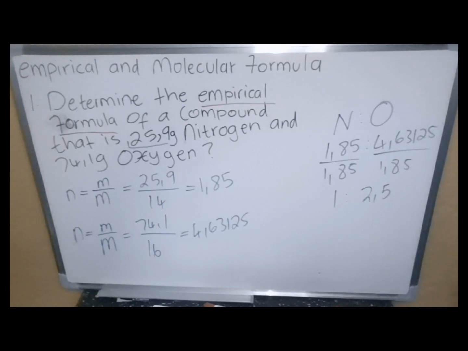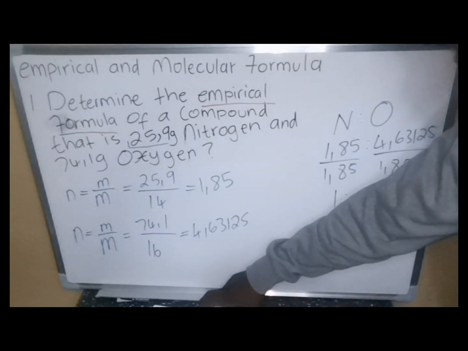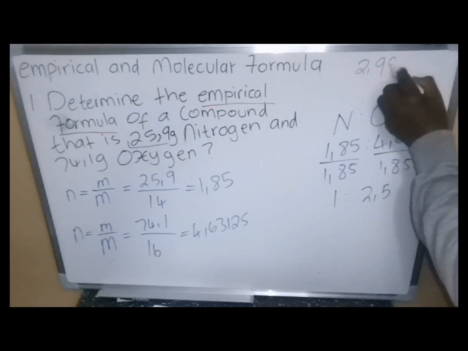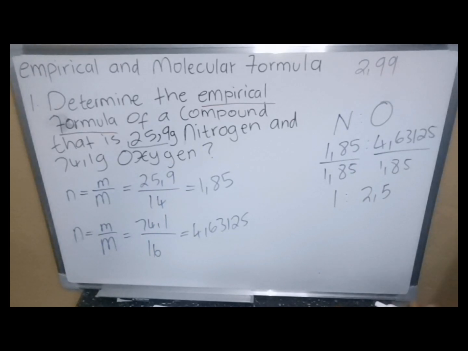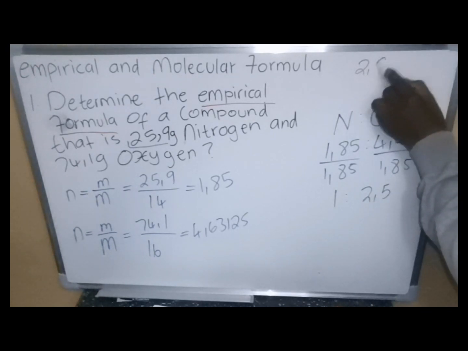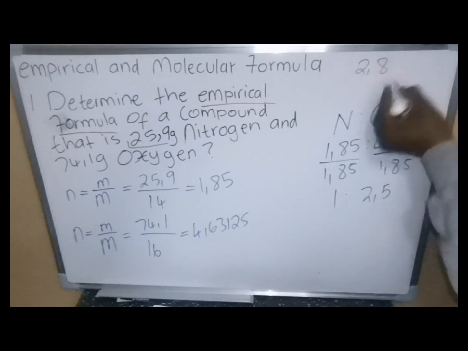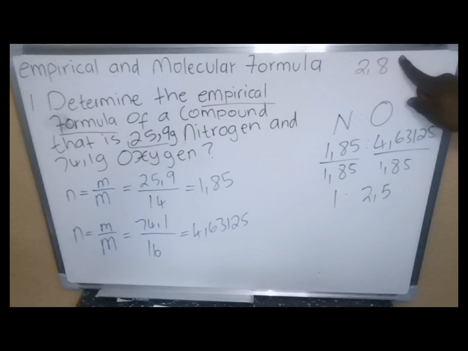Now guys, here's a trick. When it gives you decimals, like 2.5 here, it's very important to understand something. Let me say you divide and it gives you 2.9999. You must write it as a whole number, so 2.999 is exactly 3. When it's 2.9 it is 3, but if it says 2.8, you must multiply something here.